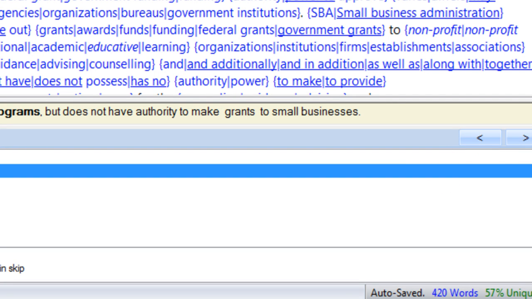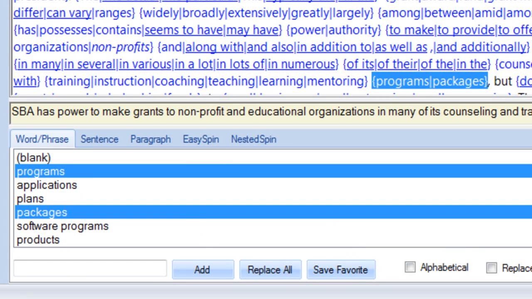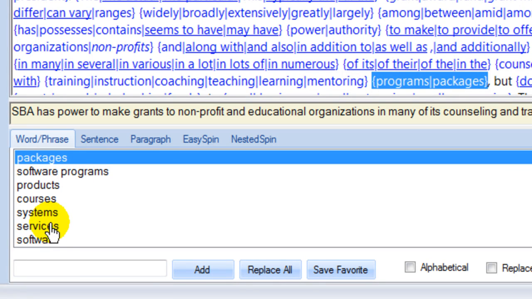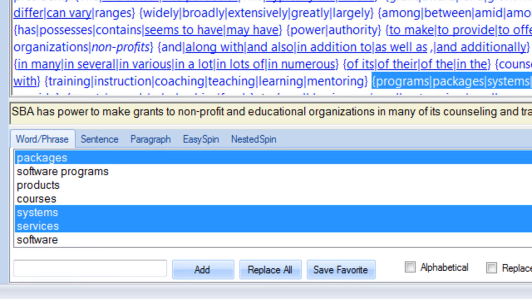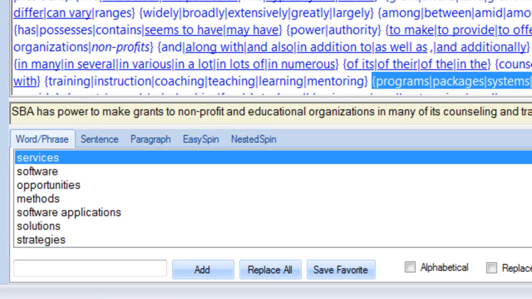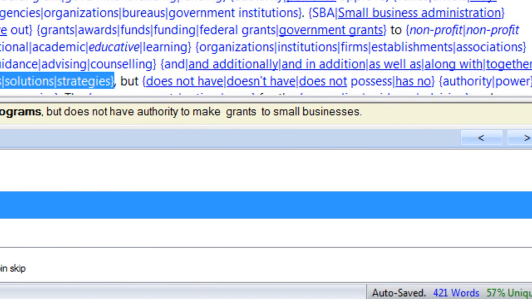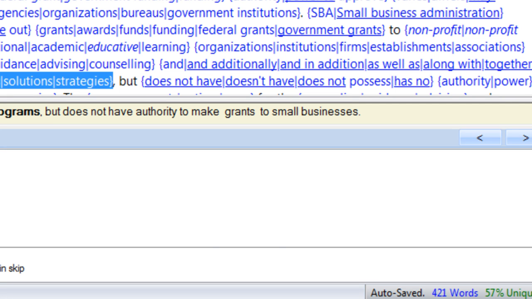Programs, packages, maybe, programs, training, services, systems, could possibly work. Training solutions, training strategies, training, okay.